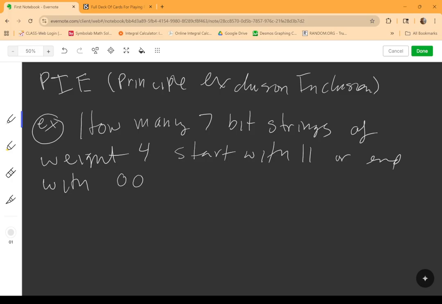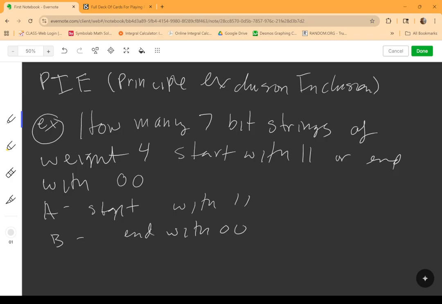Again, let A be the set that start with 1 1, and B be the set that end with 0 0.